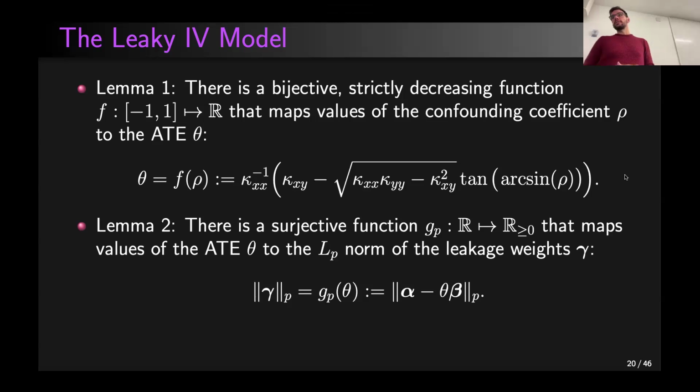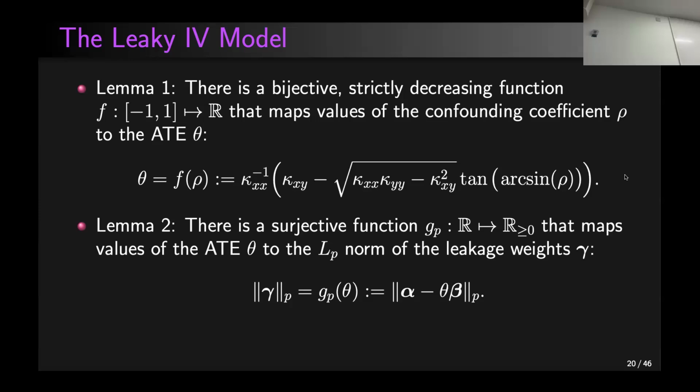Lemma 2 is going to define the function that gets us from theta to the LP norm of gamma. And it's a bit simpler, arguably. It just says that theta kind of has to live on a hyperplane. So beta and alpha are fully determined by the covariance matrix, right? This is just the OLS regression coefficients of x on z and y on z.